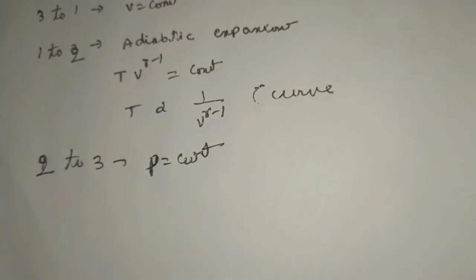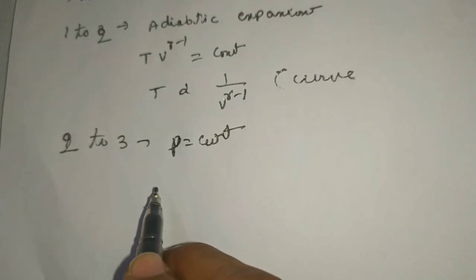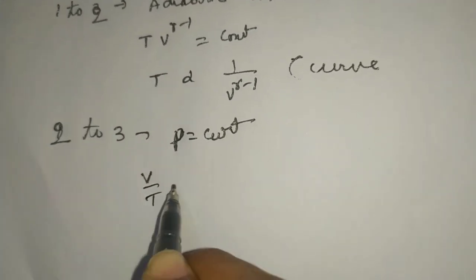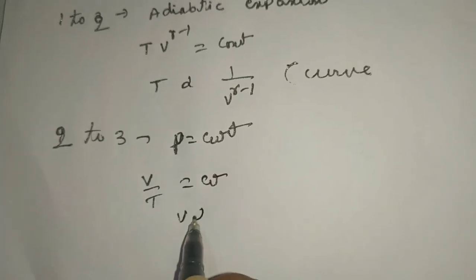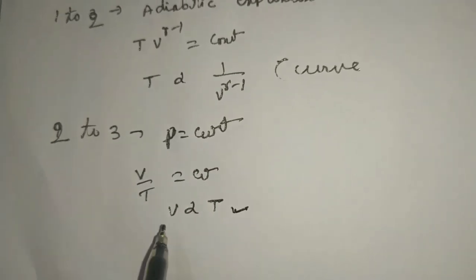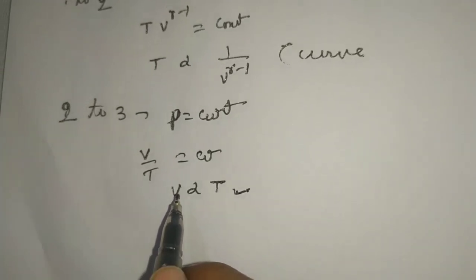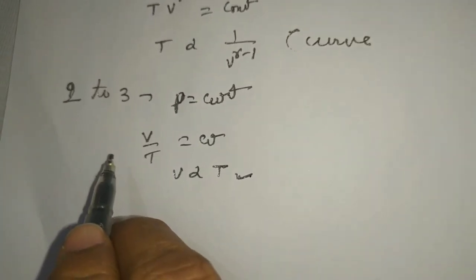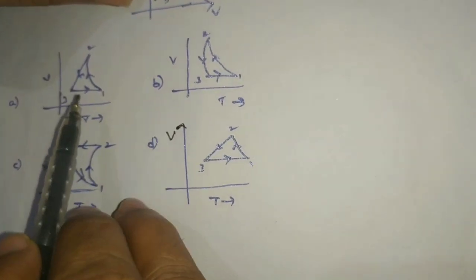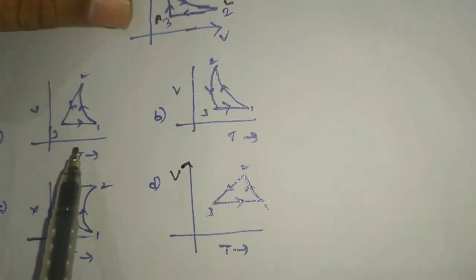Pressure constant means in a volume-temperature graph V by T is constant. So, V is proportional to capital T. The graph should be a straight line. So, in graph A, the process 2 to 3 indicates a straight line between volume and temperature. So, pressure is constant. So, finally, we conclude the answer is A.